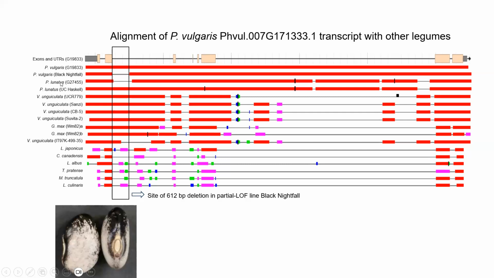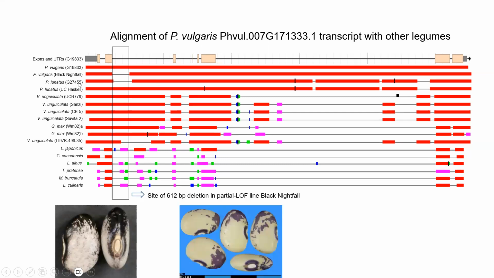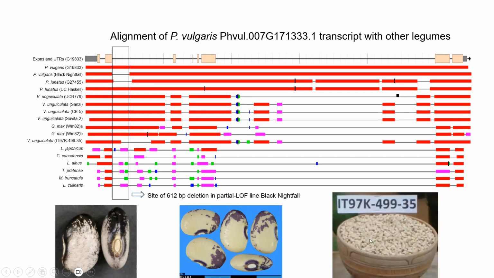And then we saw that there's a deletion in a few other types. If you look at this reference lima bean, that's what the seeds look like. So they are also partly colored. And then lastly, most cowpeas do have that sequence, but there's one type here. This is the best picture I could find of it. It's not very clear, sorry about that, but it's also partly colored.